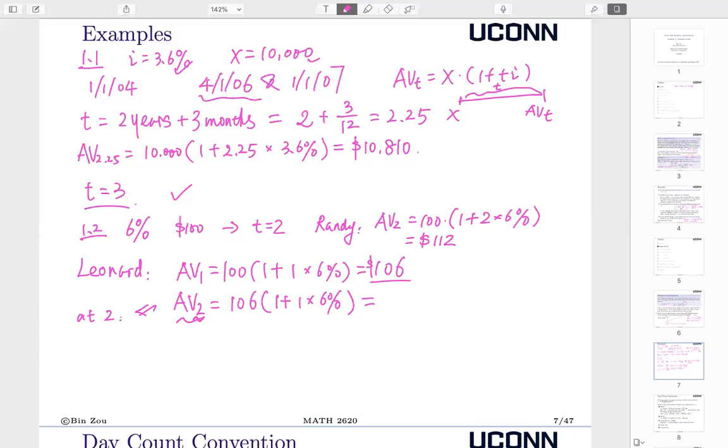Leonard just does the calculation for 1 year because he withdraws at the end of 1 year and does another deposit. Technically this is also AV(1) in the case of Leonard, but for comparison purposes, and to make sure this t denotes the actual time, we have followed a little misuse of the standard notation.